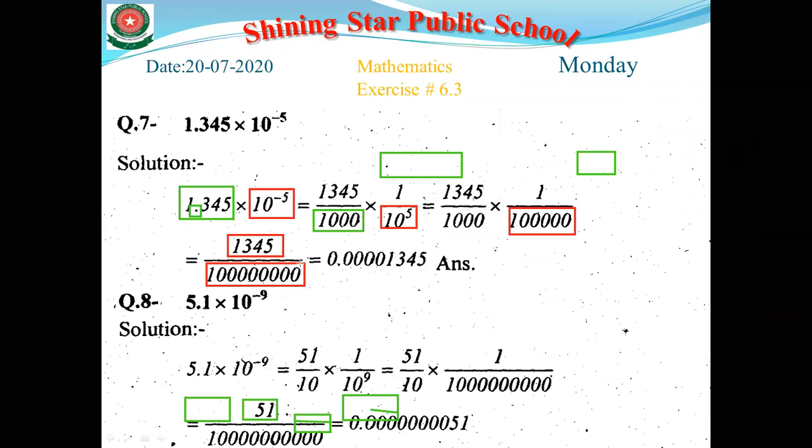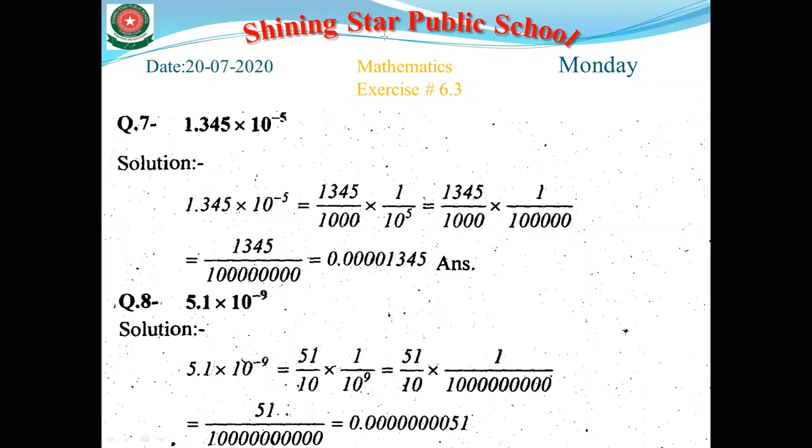So we write 4 zeros before these 4 digits, and then we write point. 0.00001345 is your required answer of question number 7.